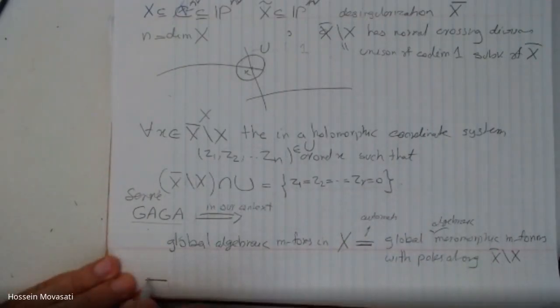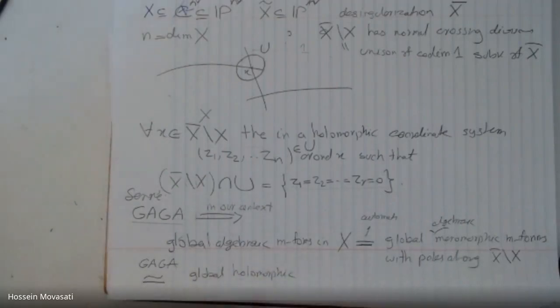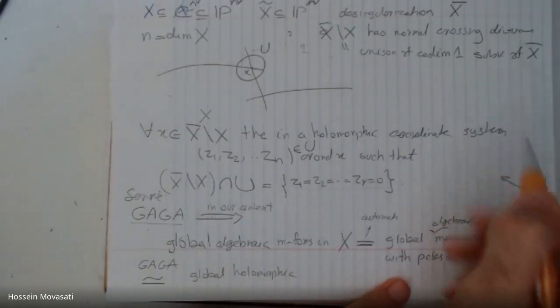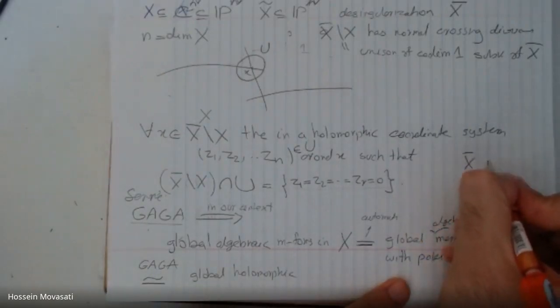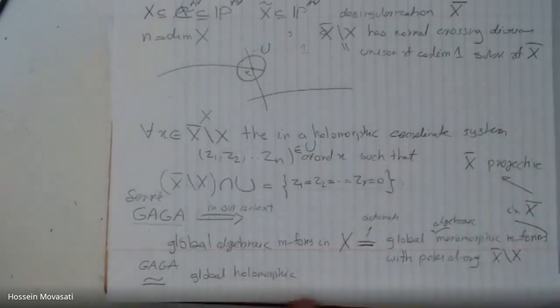But something which comes from GAGA: global holomorphic N-forms in X bar, where X bar is a projective variety.